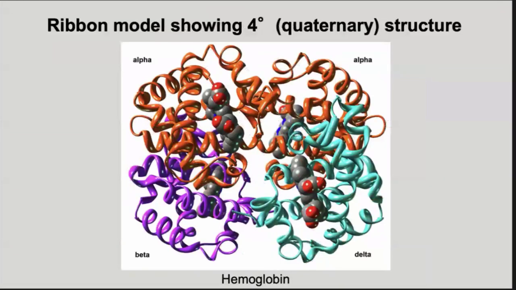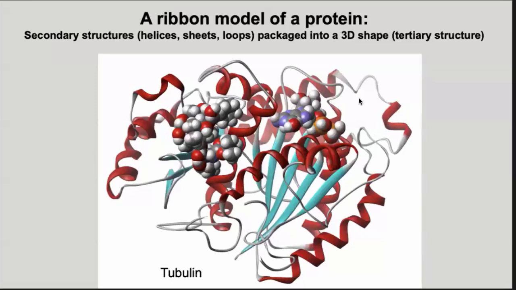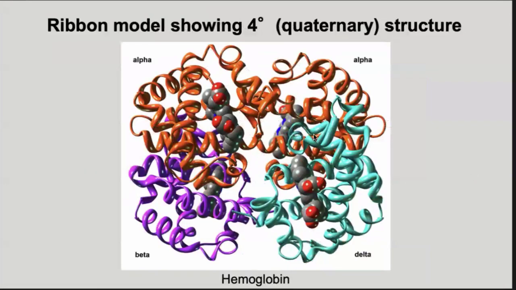And then here we see the classic example of a protein that has quaternary structure. So in this example, all of the ribbons are one amino acid chain. It's a single amino acid chain that's folded on itself. But in hemoglobin, we have 4 distinct amino acid chains that are all produced independently at the ribosome from different strands of messenger RNA.